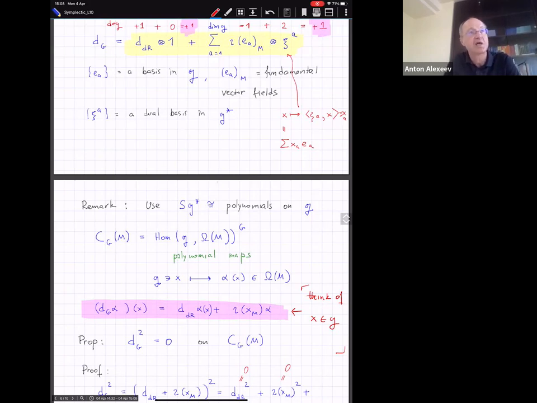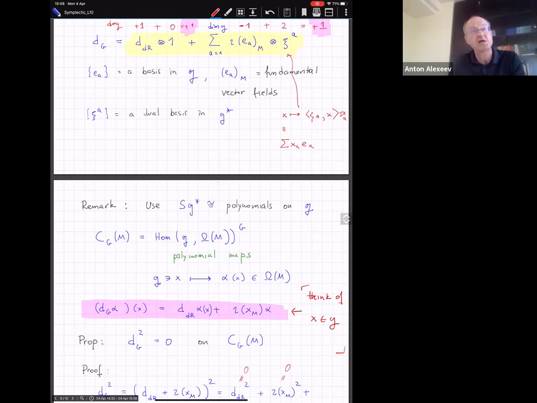Of course, what happens if I start thinking of x as an element of G is that I kind of lose my grading. I was trying to convince you that I really need to pay attention to the grading: d raises the grading by 1, and if you think of iota of x as a contraction operator and a linear function of x, then it also raises the degree by 1.